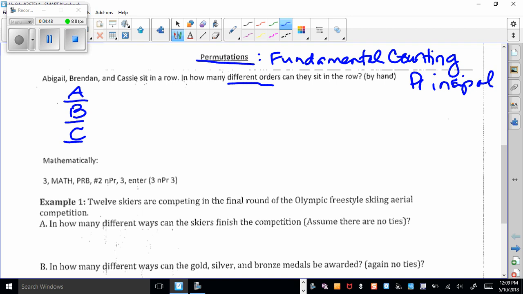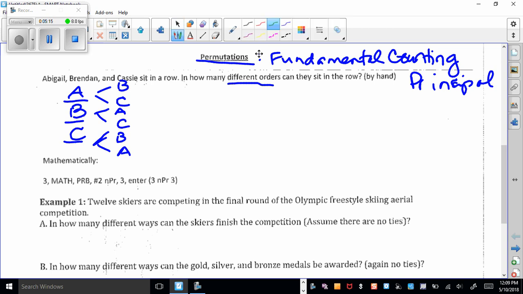Okay, so if I have Abigail in the first chair, then I have 2 choices for the second chair. I can put Brendan or Cassie. If Brendan's in the first chair, you can have Abigail or Cassie. And if Cassie's in the first chair, you can have Brendan or Abigail.